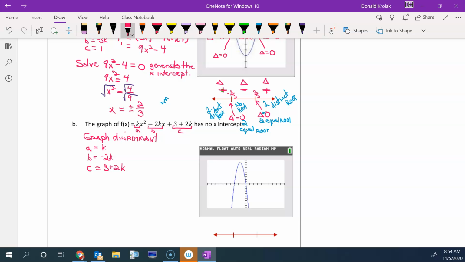And that's going to be this graph over here. So B squared is going to be negative 2k squared minus 4 times A times C.